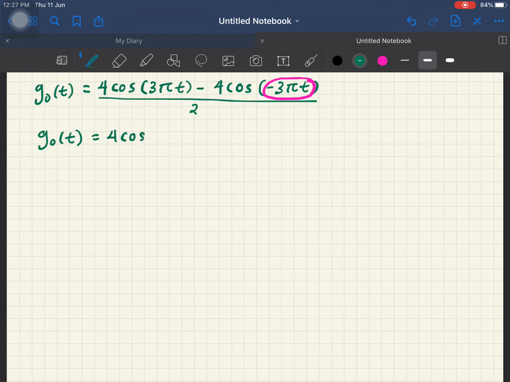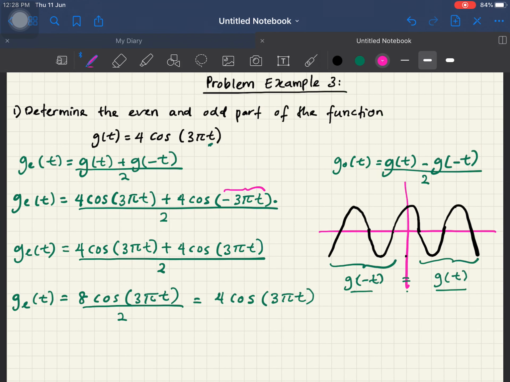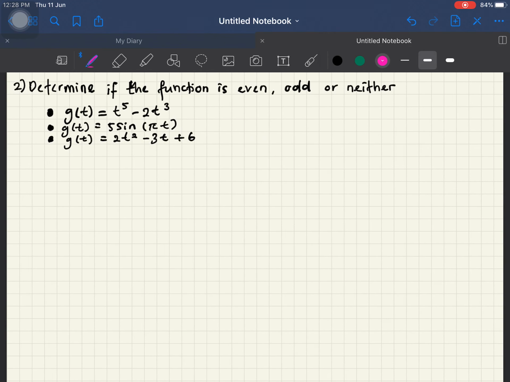So g odd of t equals 4 cos 3 pi t minus 4 cos 3 pi t over 2. This part cancels each other, so it becomes 0, which is true because the cosine function is an even signal. So the odd part of the function will be 0.